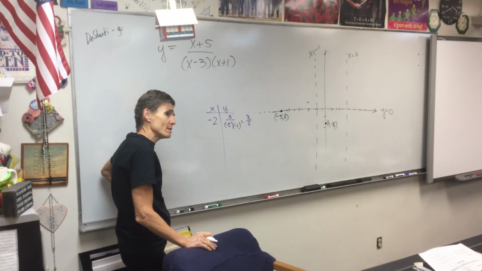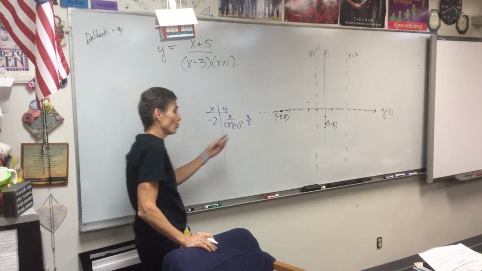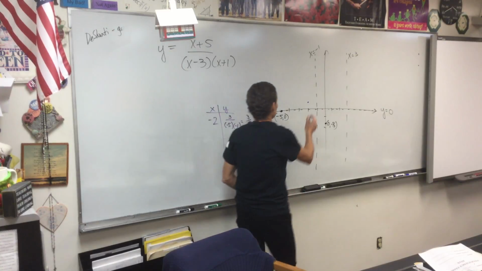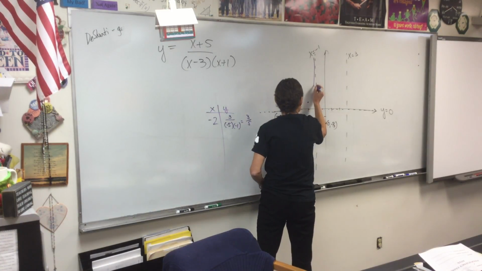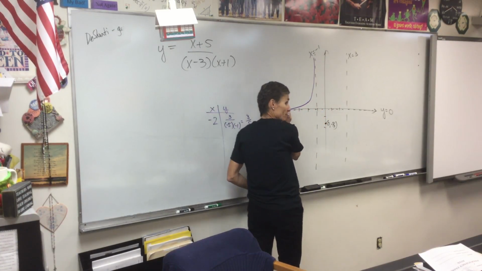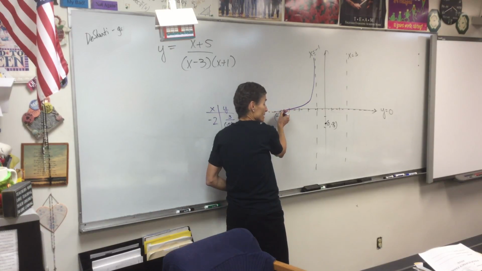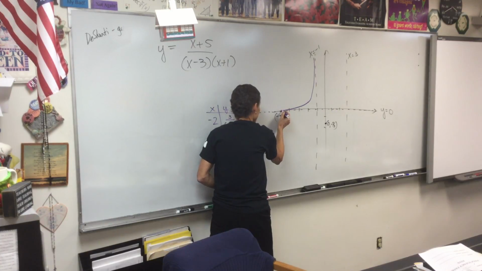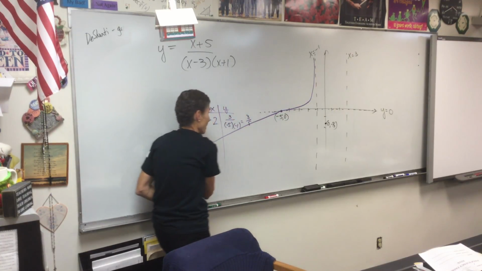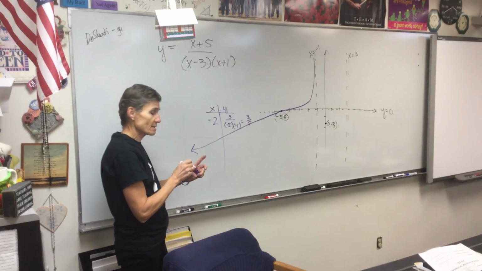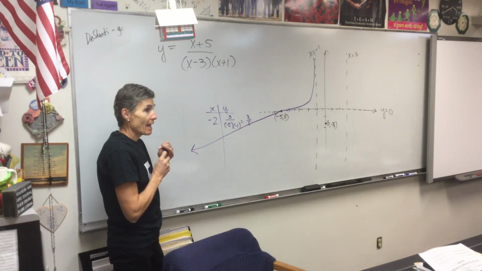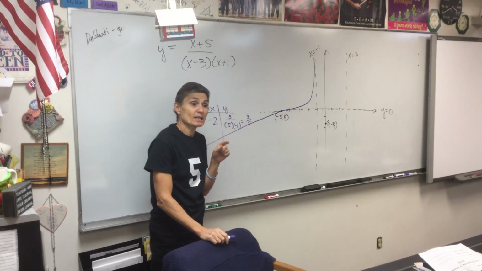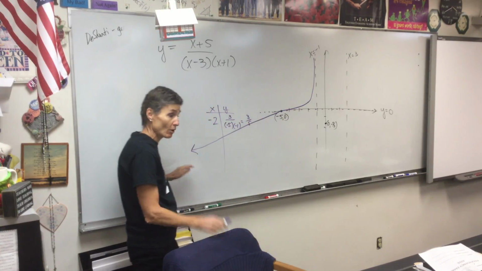Does that help me figure out what this side of my picture looks like? Remember, these have to be connected, right? So I'm thinking it looks like this. Now, here's where it gets a little tricky. You're tempted to just keep right on going down, right? But what did Mrs. Ford tell you? As you head off the page, you're going to be getting closer to your asymptote, not farther away.